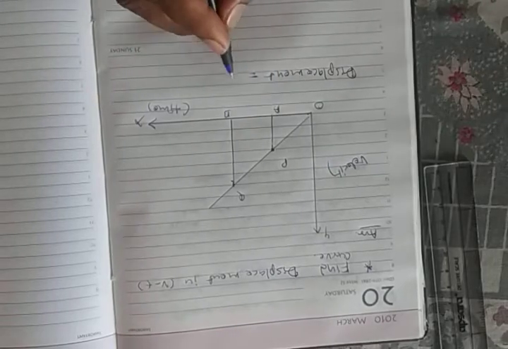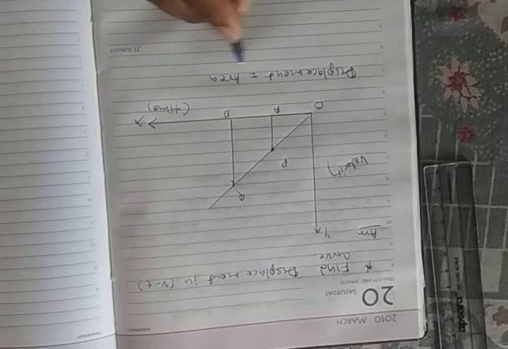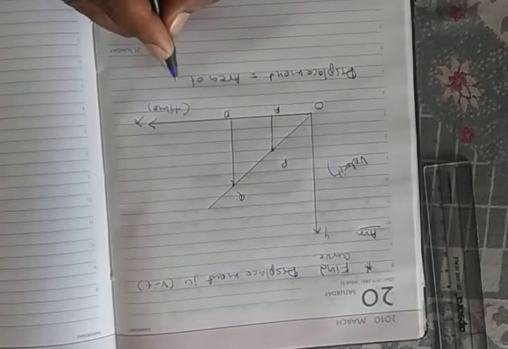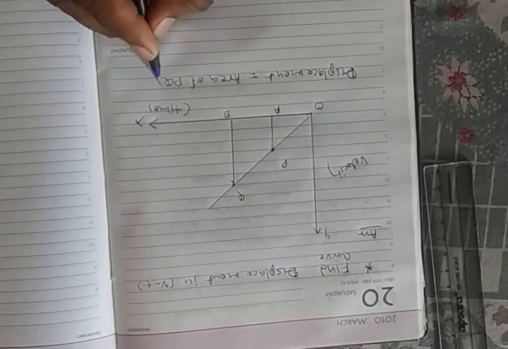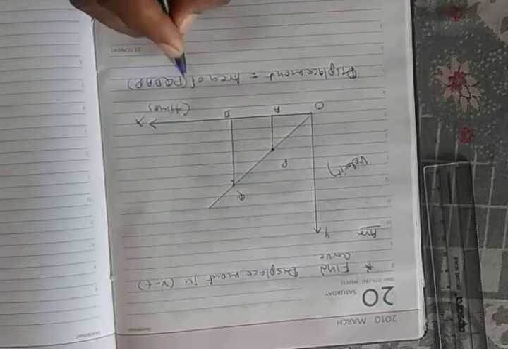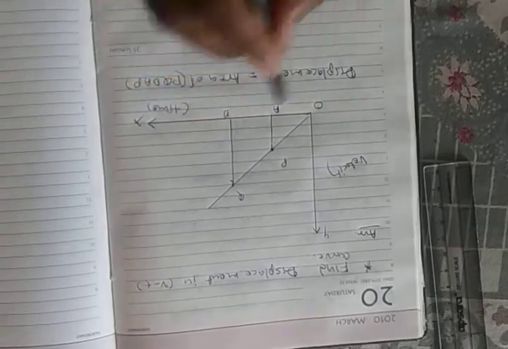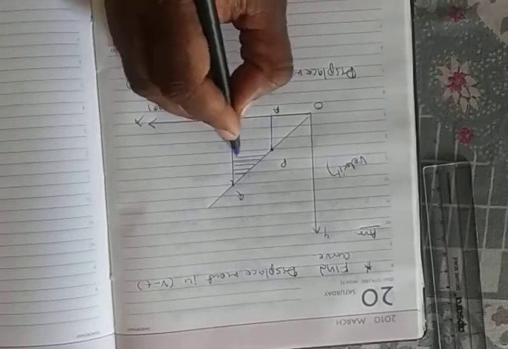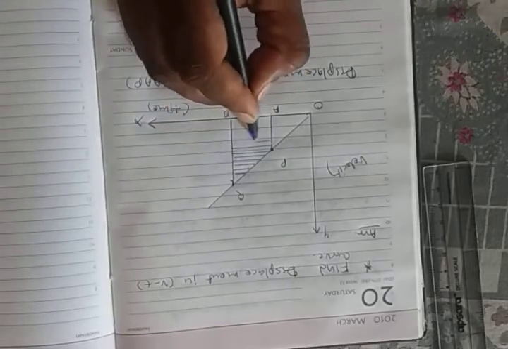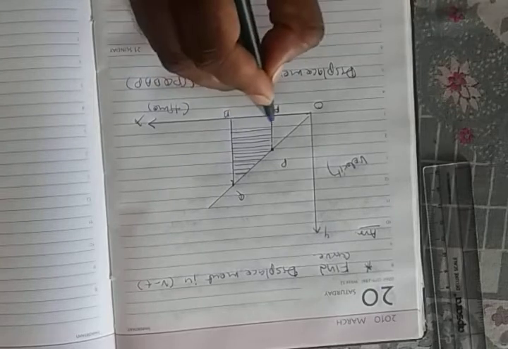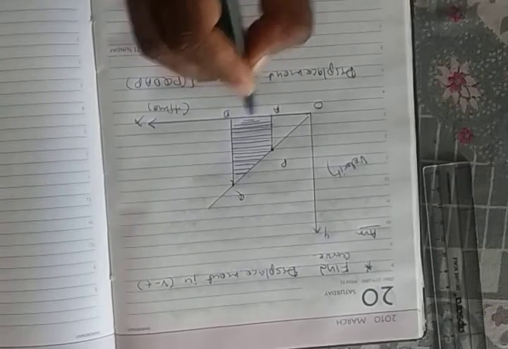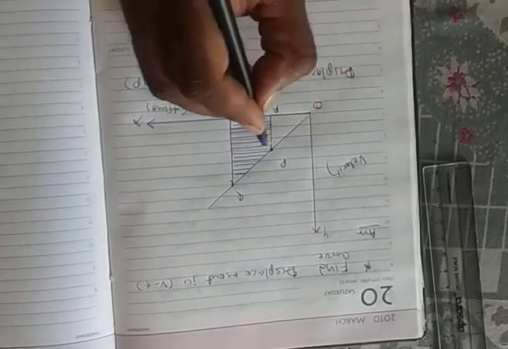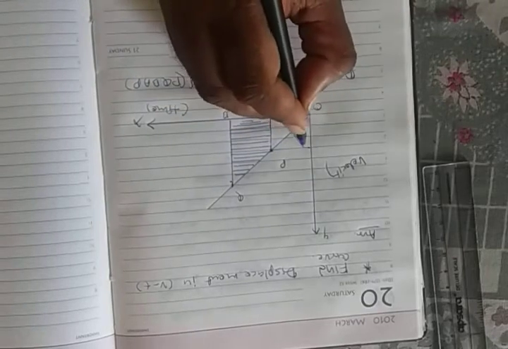That is, displacement is equal to the area of PQBA. Clear? So this area is called displacement.